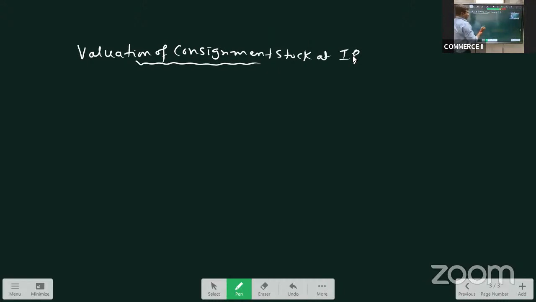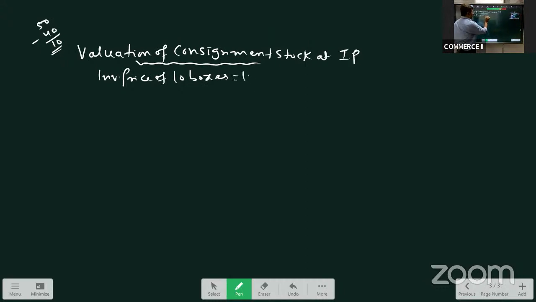Now, out of 50, 40 boxes are sold, 10 are unsold. So first we have to take invoice price of 10 boxes, right? That would be 10 into the invoice price of each, 1,000. So 10,000 is the invoice price of 10 boxes. Okay.